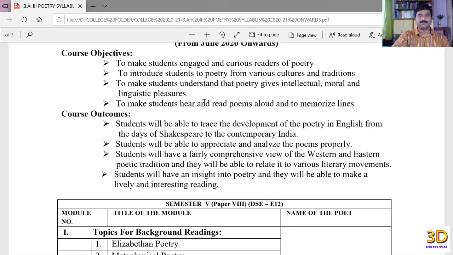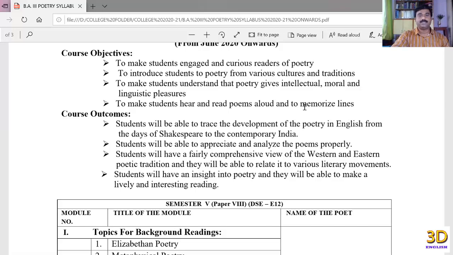The objective for the student will be to make students engaged and curious readers of poetry. Now in this era, on WhatsApp, many students like poetry. They read, they compose, they post, they share.